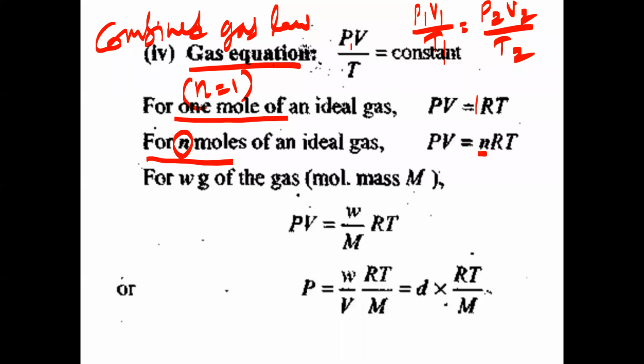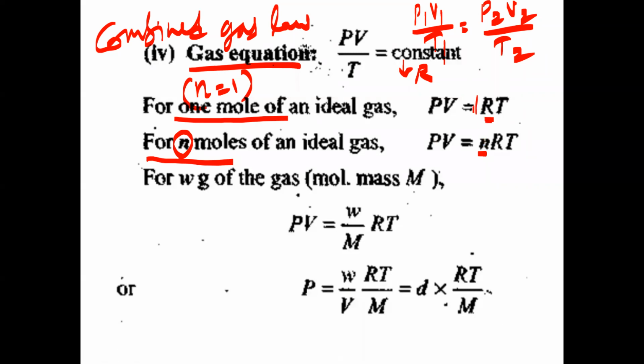Is that clear? From this equation, PV is equal to some constant into temperature. That constant is R. This constant is nothing but capital R. PV by T is equal to capital R, then PV is equal to RT for 1 mole, and PV is equal to nRT for n number of moles.